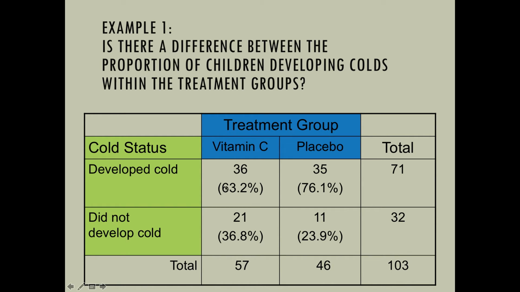So these percentages should add up to be 100 because it's the total number of people who took vitamin C. And 36 or 63% of the people who took vitamin C developed a cold. Thank you. And then the same over here. 76.1% took the placebo and got a cold, while 23.9% did not.